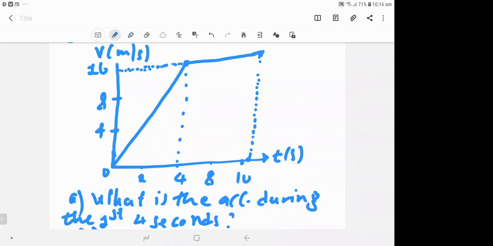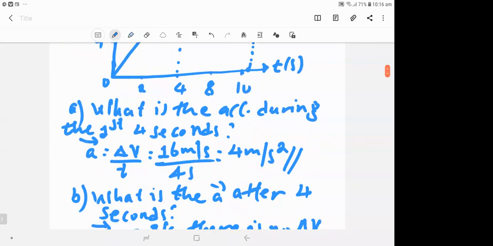Have you seen the graph? 64 meters, it can be, but do you know the area of this graph is equal to displacement? How far means displacement or distance. Your graph up to 4 seconds is a triangle, or not? Triangle.